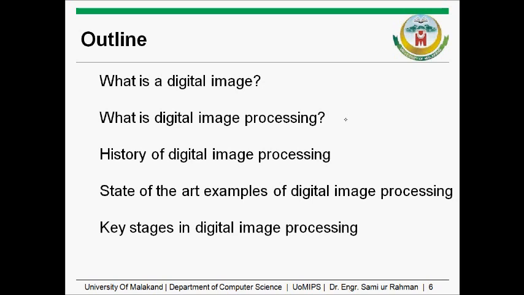And then at the end there will be some discussion about the key stages of image processing, like what are the basic components of image processing, how we do research in image processing, or how we study image processing, what are the different components. Okay.